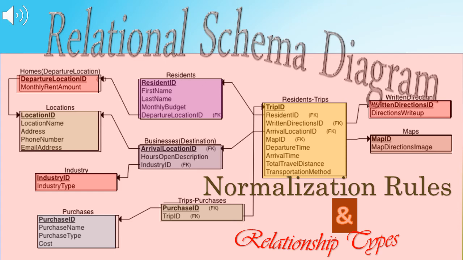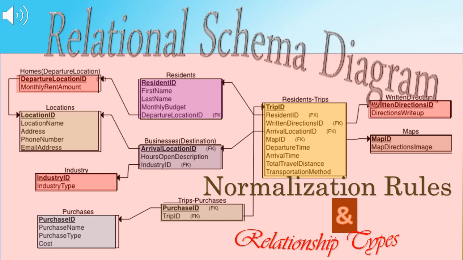And then the locations table. The table was created for the purpose of eliminating repeated attributes in the homes and businesses tables, and none of the attributes within the table itself repeat themselves.